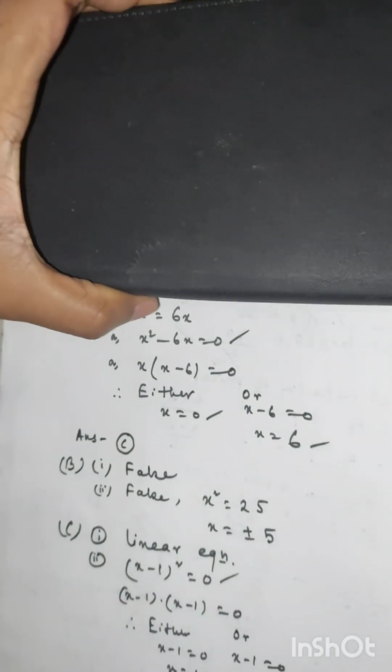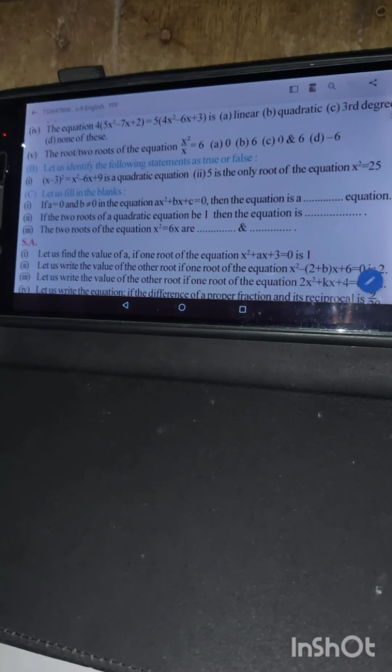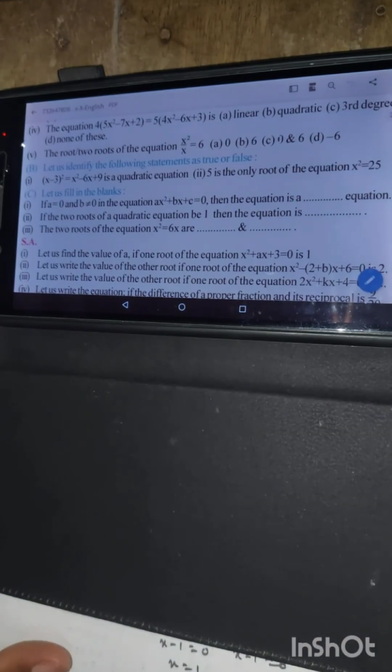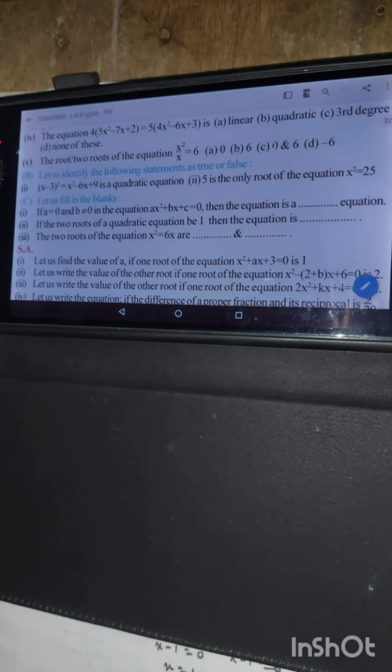So these two questions are same, so the answer for part C, Roman 3 should be 0 and 6.